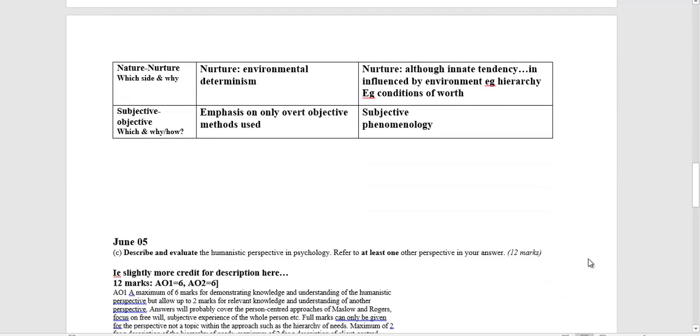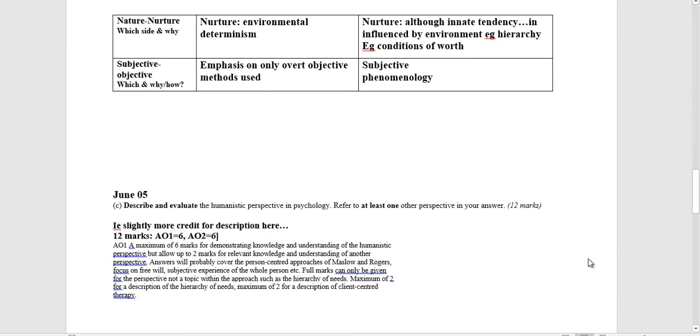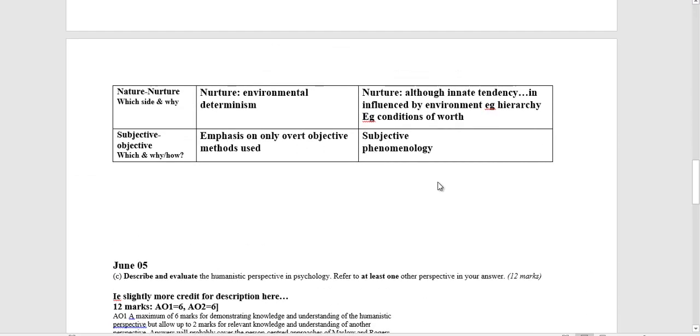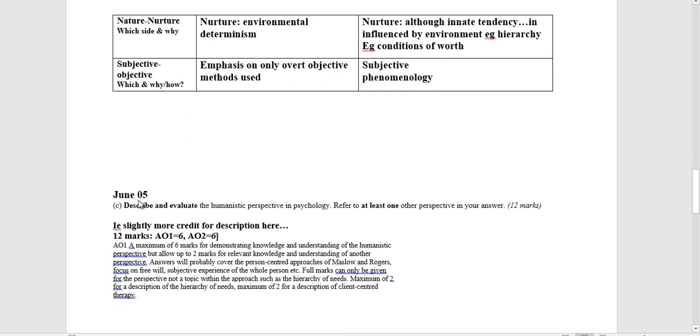Okay, so we also might get, and I'm going to show you how to tackle this with an example in a minute, a very similar sort of question from June 5, a long time ago. Describe and evaluate humanists, refer to at least one other perspective. So this sort of question is quite common. This time it's slightly different, a balance really between the descriptive and the evaluative.